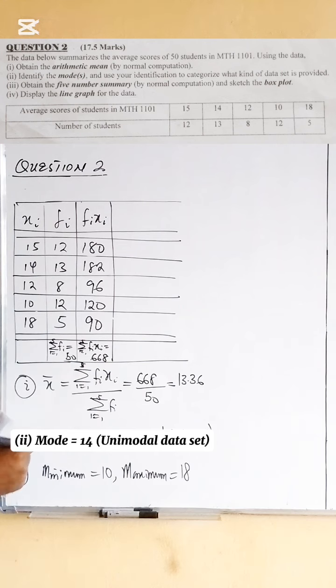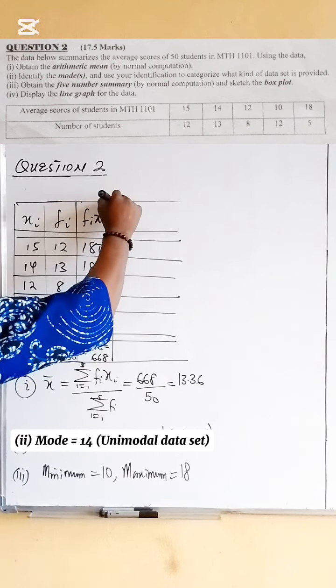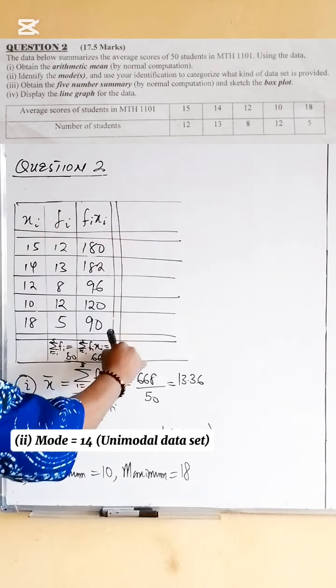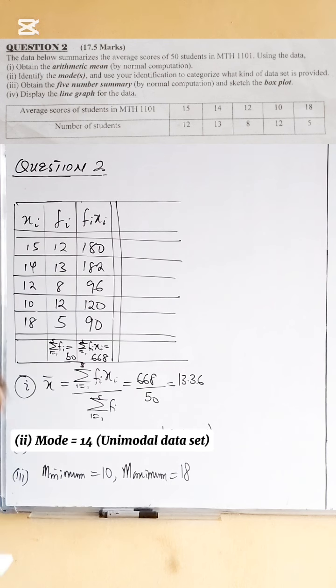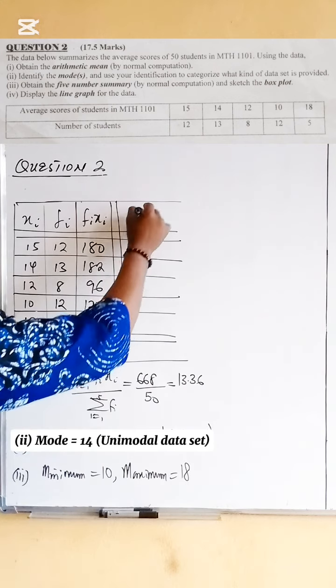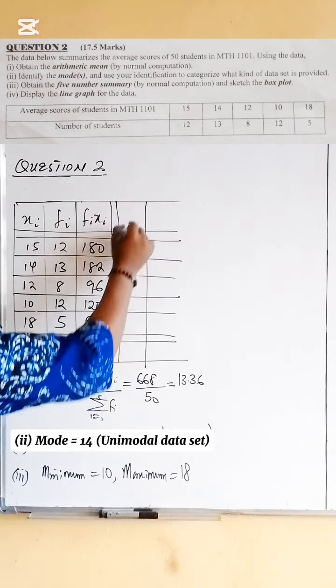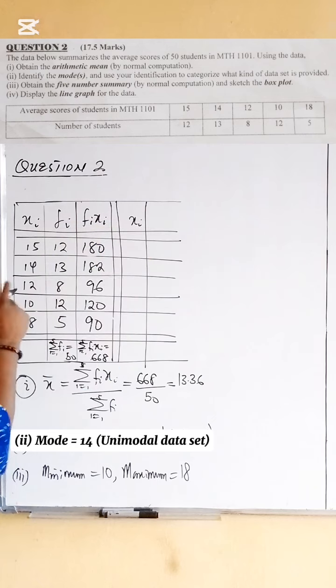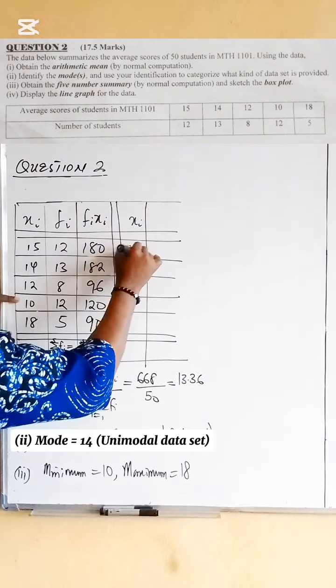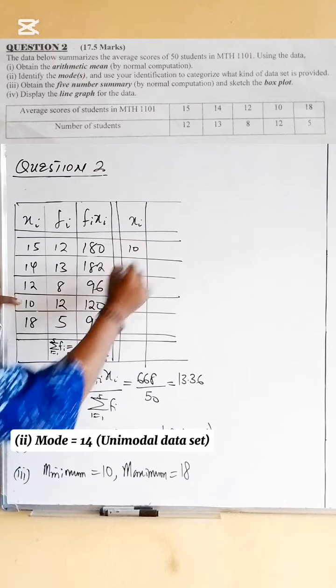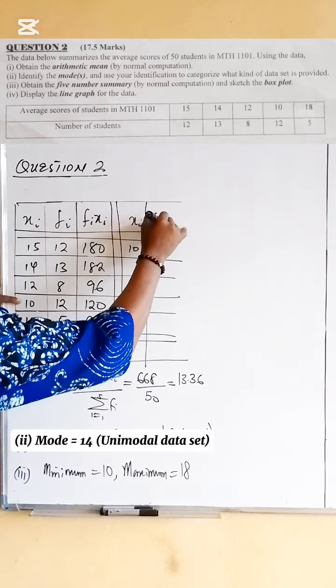So what we are going to do is put a demarcation here and reorder this data. When trying to get the quartiles, please reorder your data to get precisely what you ought to get. So I'm going to put my xi's again, and rearrange them starting from 10, in ascending order. 10 having a frequency of 12.